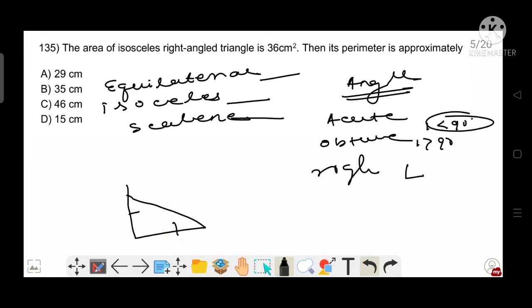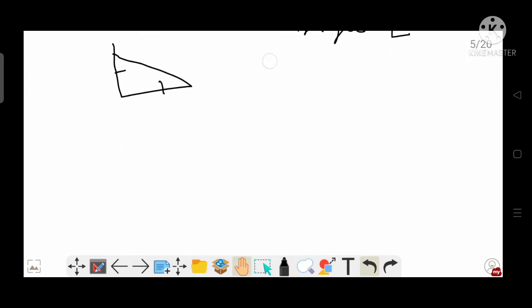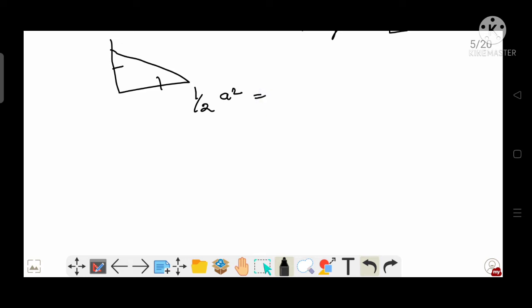So this is an isosceles right angle triangle, and we are given that its area is 36 centimeters square, so area should be half into b into h equal to 36 centimeter square. Let the equal side be a, so a square should be 72, a is root 72. We have to find the perimeter.